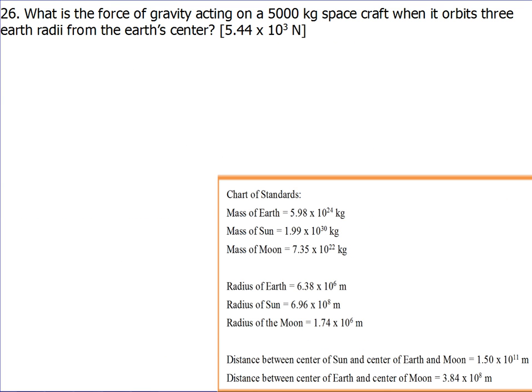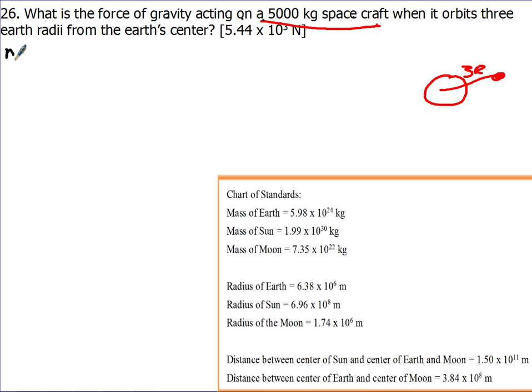All right. What is the force of gravity acting on a 500 kilogram spacecraft which orbits 3 Earth radii from the Earth's center? All right, so let's see. Here's the Earth, and here's the spacecraft at 3R. What's the force of gravity?